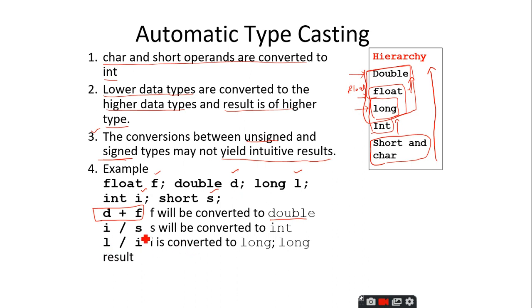Similarly, i by s, integer divided by short, short will be converted to int. L by i, this is an expression consisting of two data types, long and int. So, integer being the lower order data type, it will be automatically converted to long. So, the result will be long.